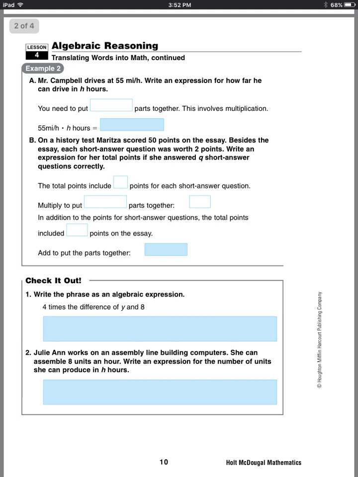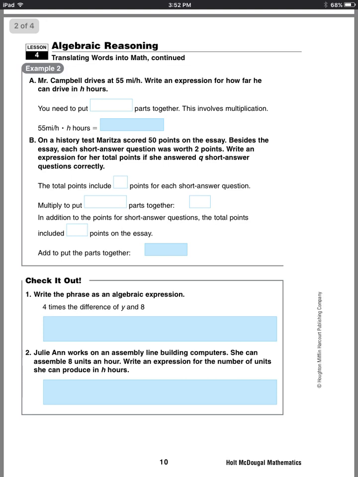Got a little tongue-tied there. Really, the reason you do this is because it helps you with story problems and the story problem words. That's the reason behind translating phrases into actual math that you can do something with.